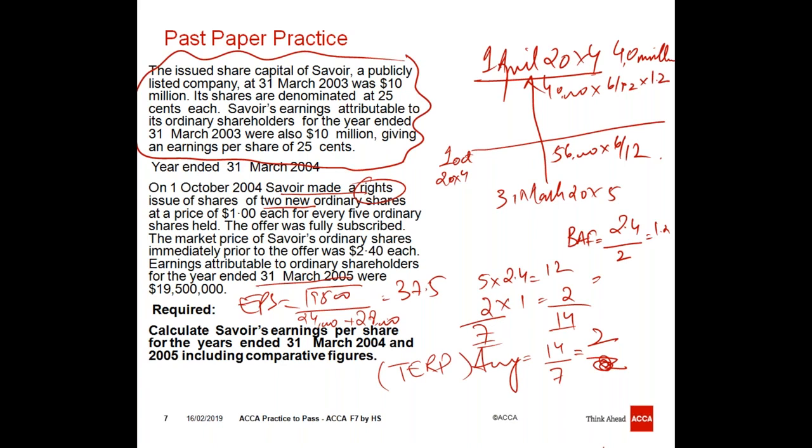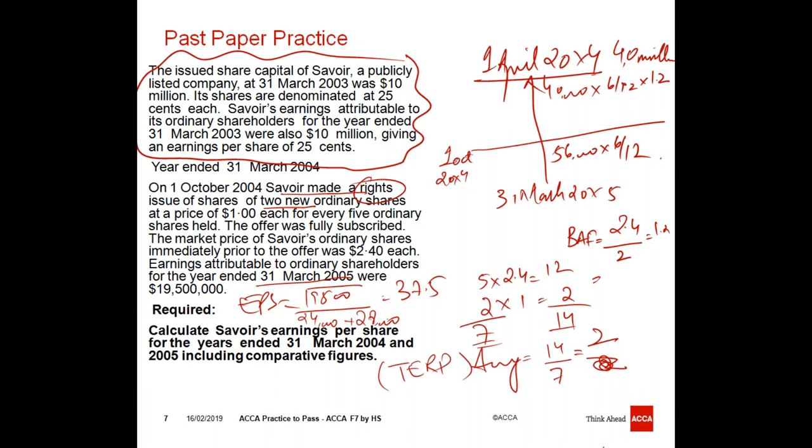Secondly, they both have a different time period. Therefore, we have to take 9 upon 12 on the 8,000 only, and the 40,000 will be considered 100%, the full amount. Therefore, we have multiplied 8,000 into 9 upon 12 into BF and 40,000 directly into BF without proportion.